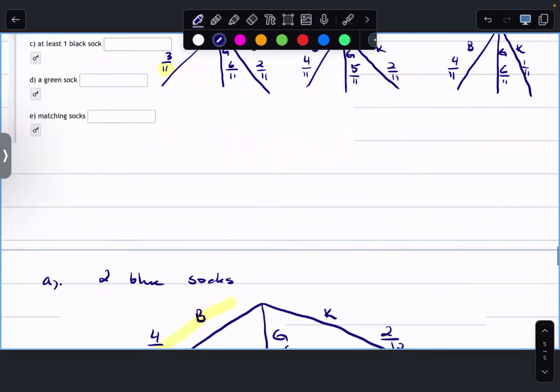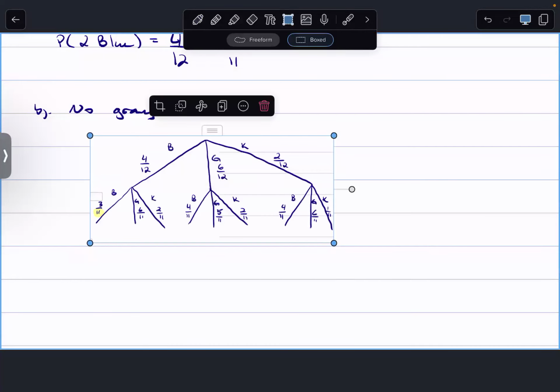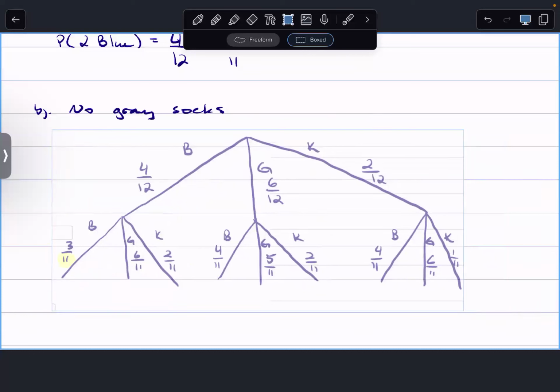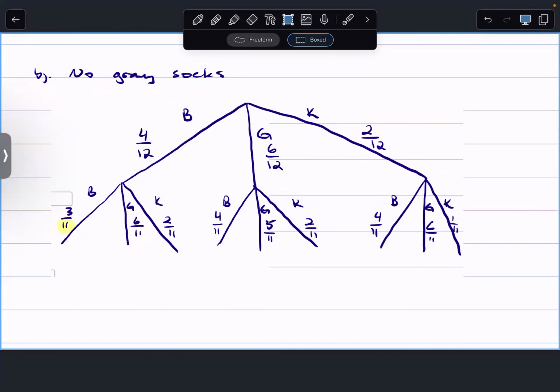How about B? No gray socks. Paste that again. No gray socks. So it might be helpful if I put all the combinations down at the bottom here, but it's only 9 things, I guess.